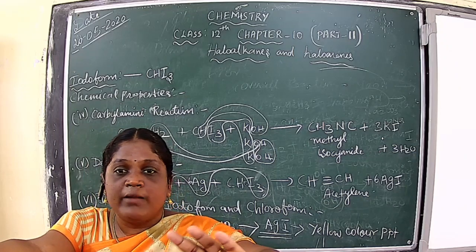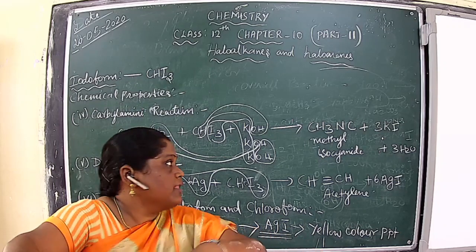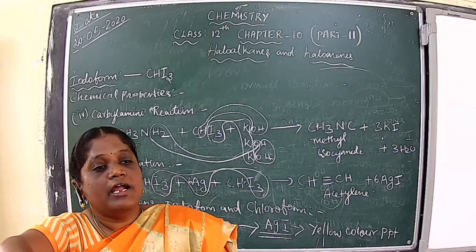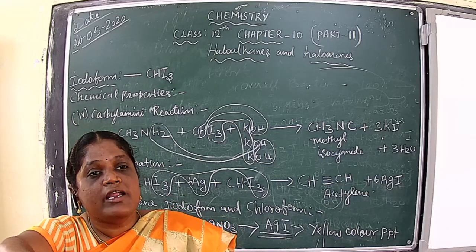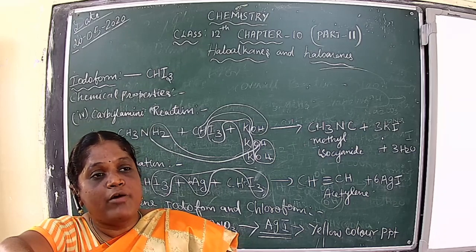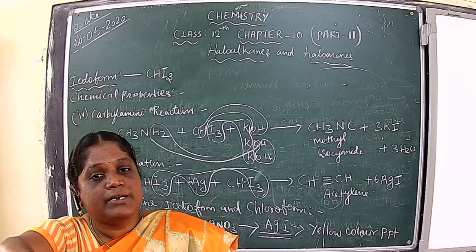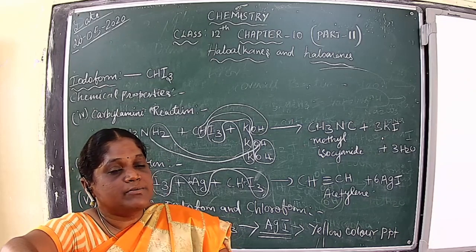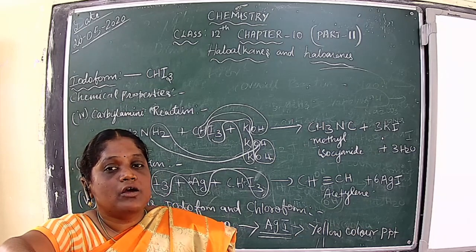Then the carbylamine reaction, the dehalogenation reaction, and the sixth one is reaction with silver nitrate. Chloroform does not undergo it, but iodoform reacts with silver nitrate to give a yellow color precipitate. That is the difference of iodoform and chloroform.